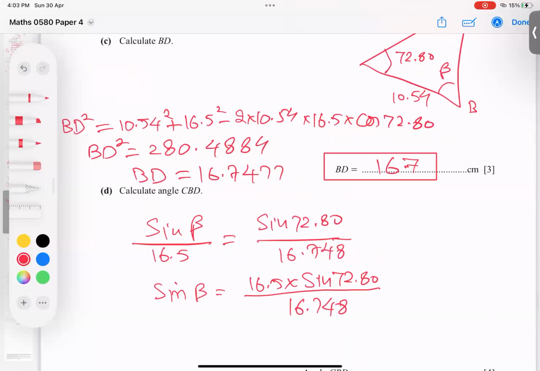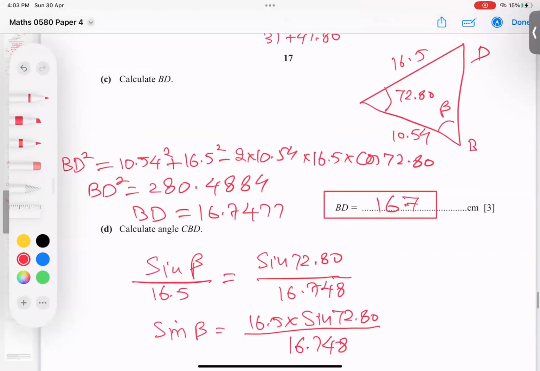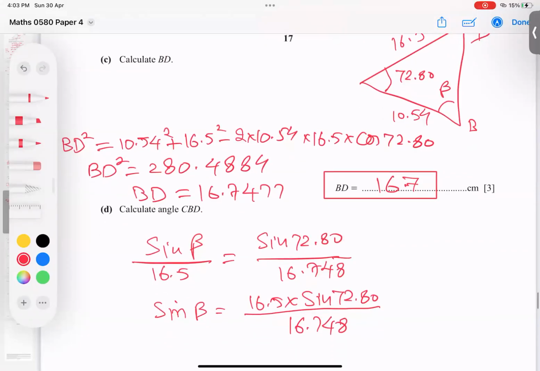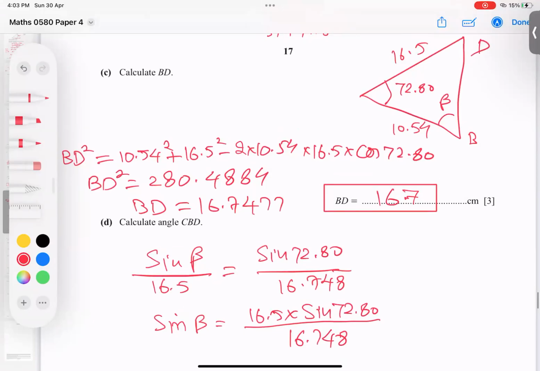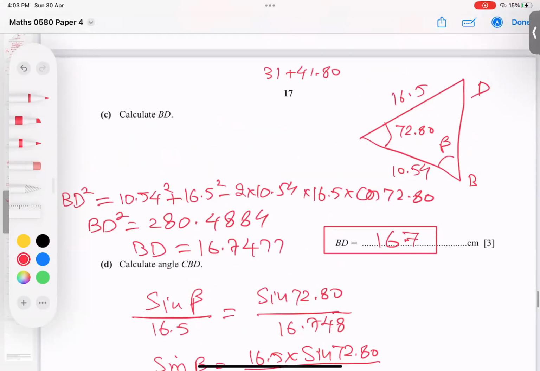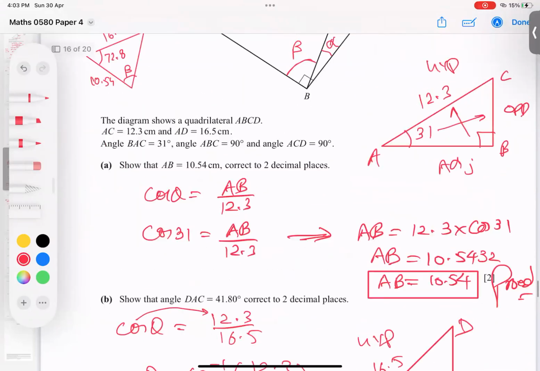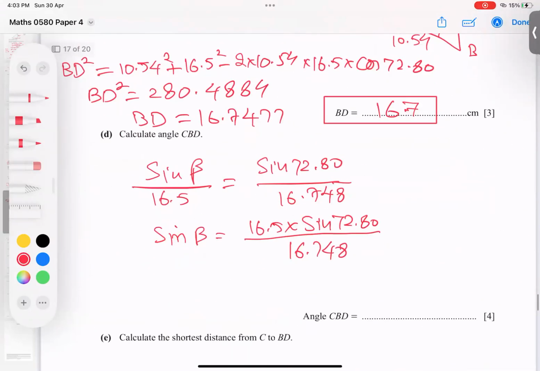Let me recheck. Why did I write 16.2? Okay, 16.7 I got, and 16.5. Okay, 16.5, please. Yeah, correct. So now I'm going to take a sine inverse. Okay, students.